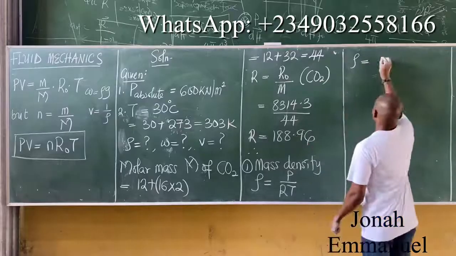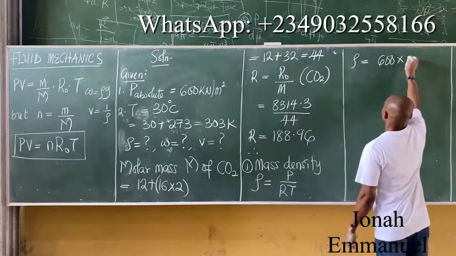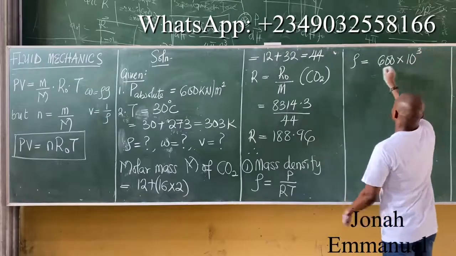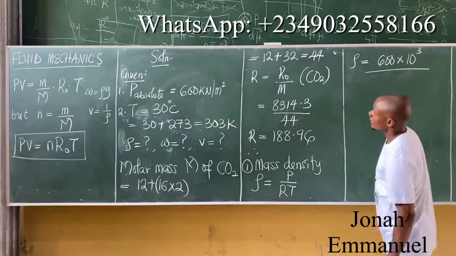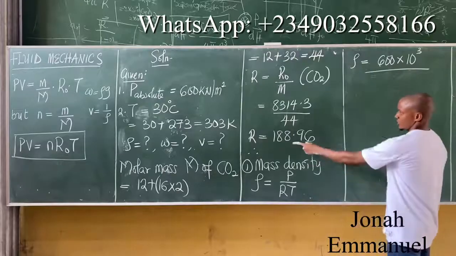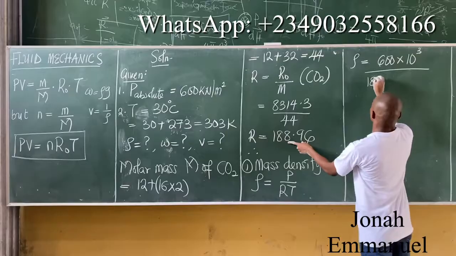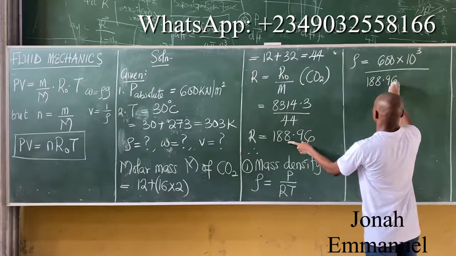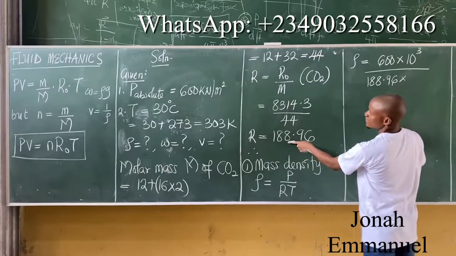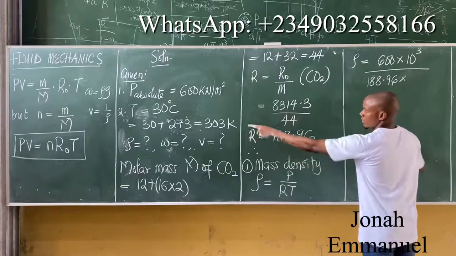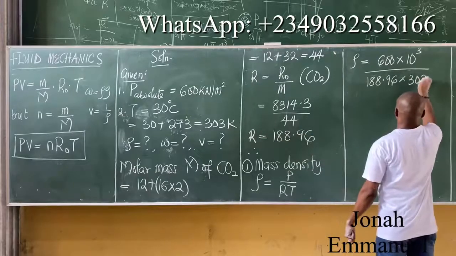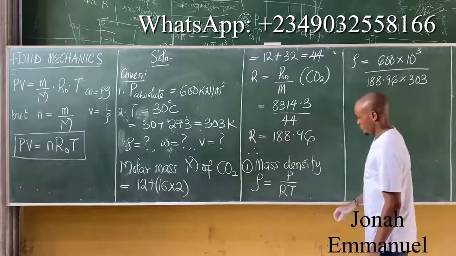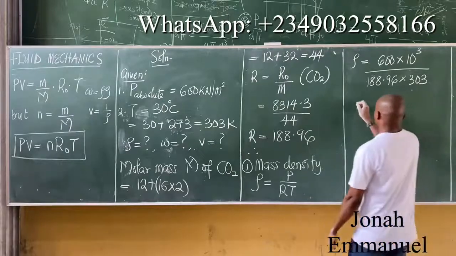Kilo becomes what? 600 times 10 to the power 3 all over R, which is 188.96, times T, 303. Alright. So T is 303. Give me the final answer, please.